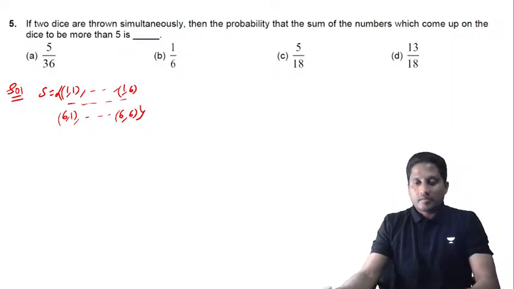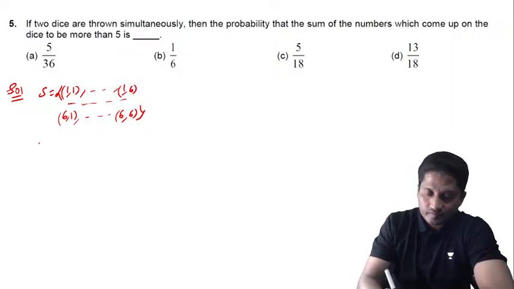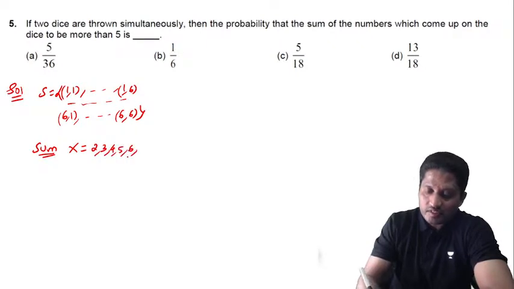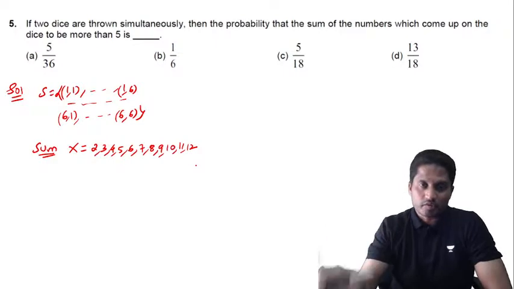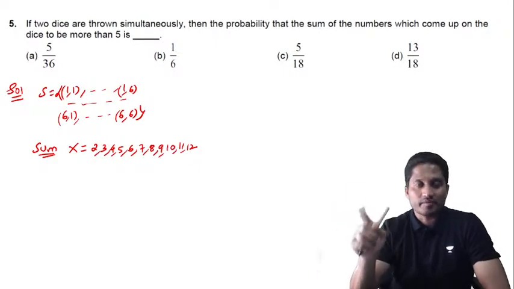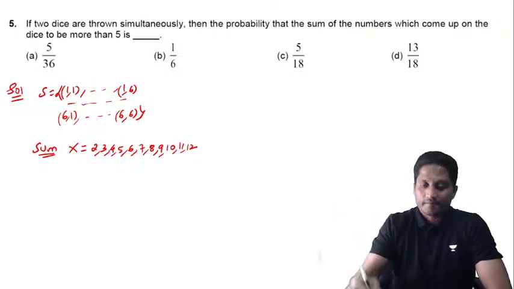Okay, so sum should be more than 5. When two dice are rolled, sum of two numbers on the dice is 2, 3, 4, 5, 6, 7, 8, 9, 10, 11 and 12. Minimum is 2, maximum is 12. When three dice are rolled, minimum sum is 3, maximum is 18.